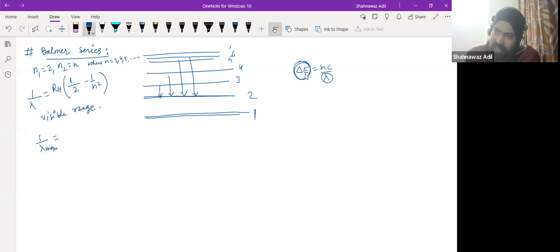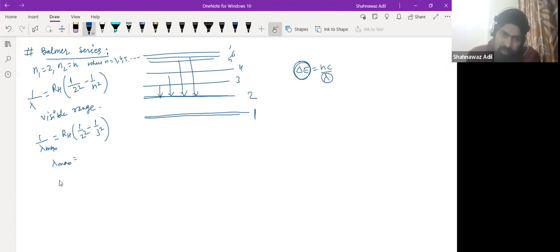So if this is low, then this would be high. So for n equals 3, that would be the maximum wavelength, and this is 2 square. You calculate what lambda max would be, and similarly lambda minimum.